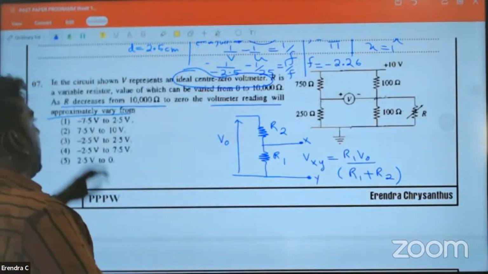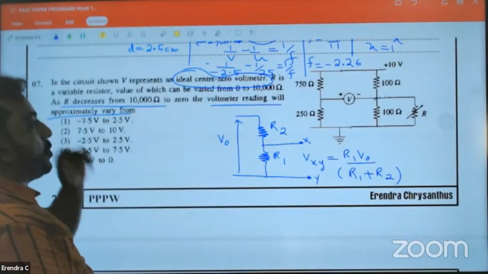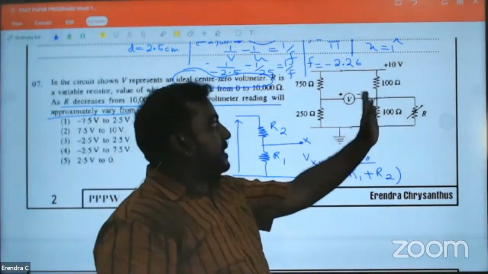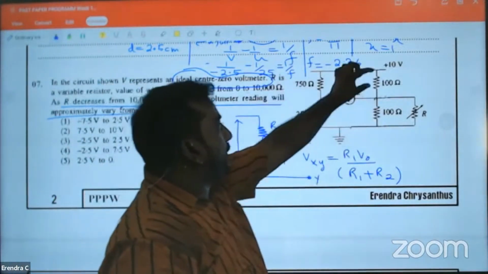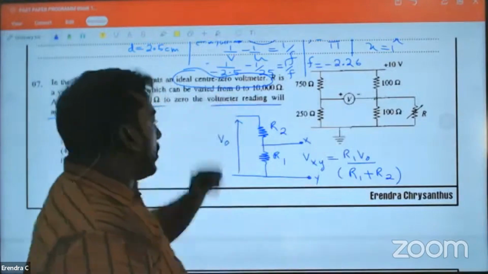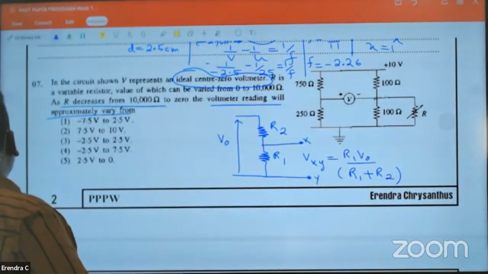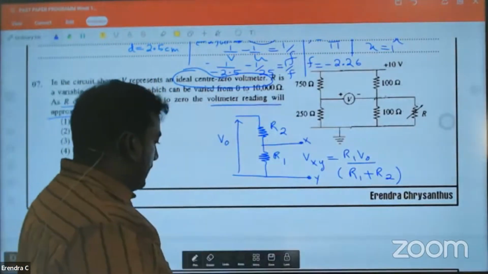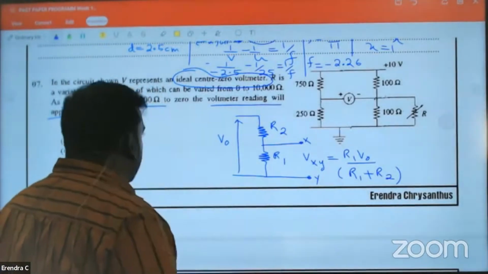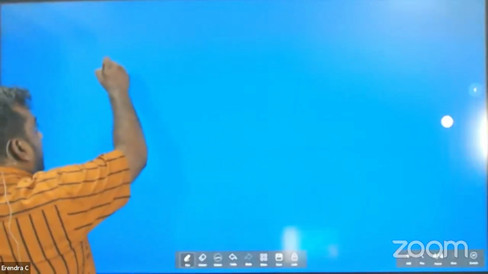Now, from 10,000 to 0, I am reducing. So 750, 250, 100, 10 volts on top. Let me go back to the board. Yesterday we didn't use the board, today we are using the board.